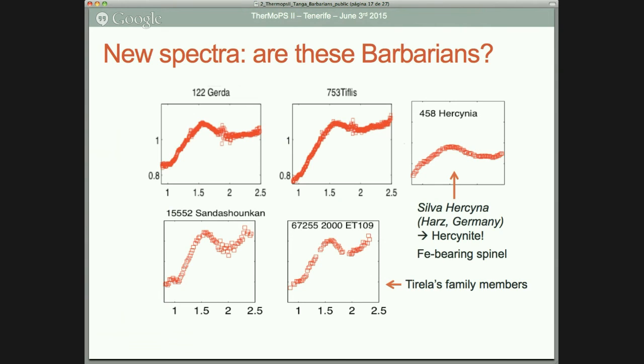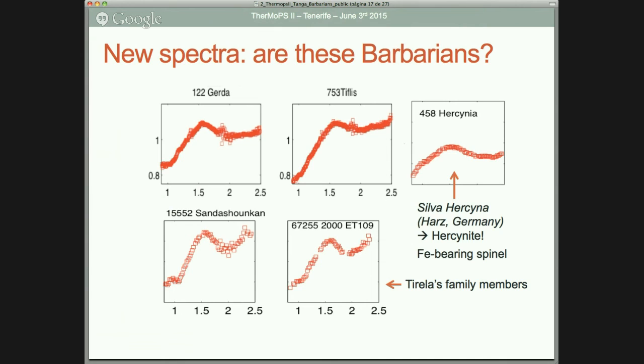It's a mineral called hercynite, which was first discovered in a forest in northern Germany, whose Latin name was Silva Hercynia. Now it is called the Harz. And Hercynia is the asteroid that is bringing this mineral. So it's quite a strange coincidence, but impressive.